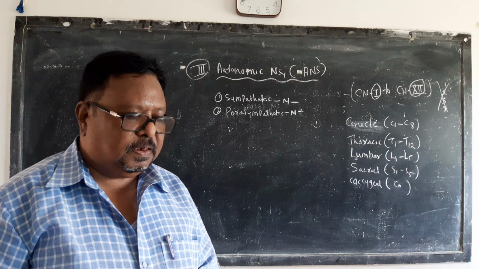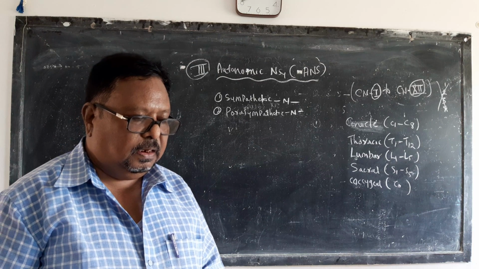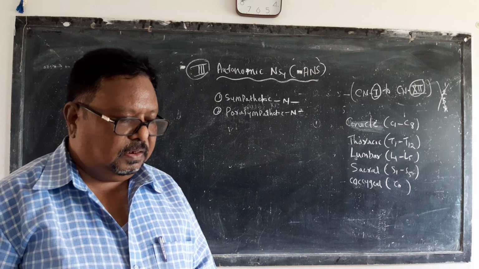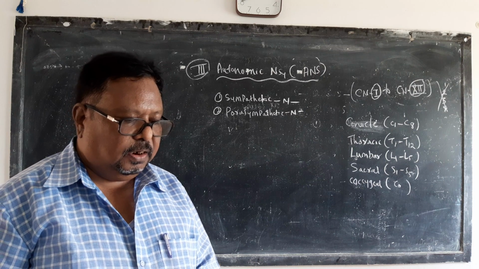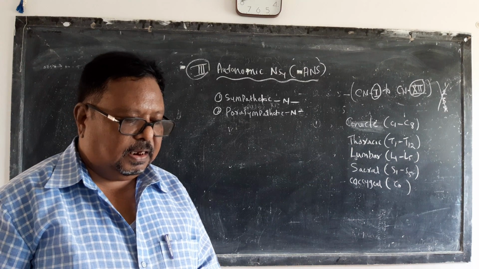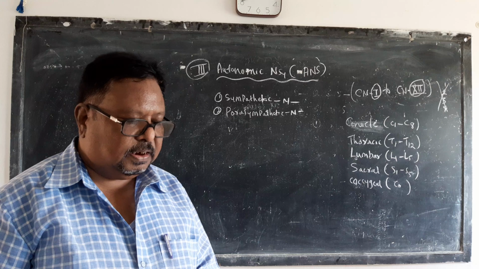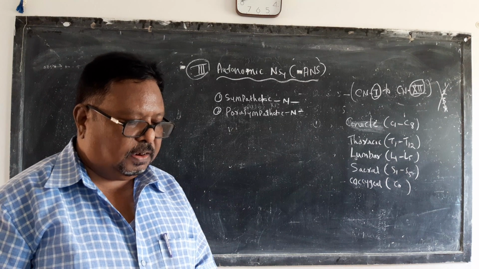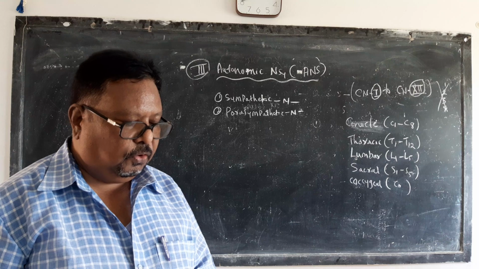The sympathetic system is in between spinal segments, from the thoracic region T1 and extending up to lumbar level L2. Hence, it is also called thoracico-lumbar outflow.